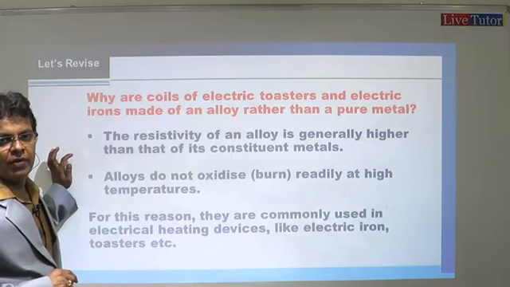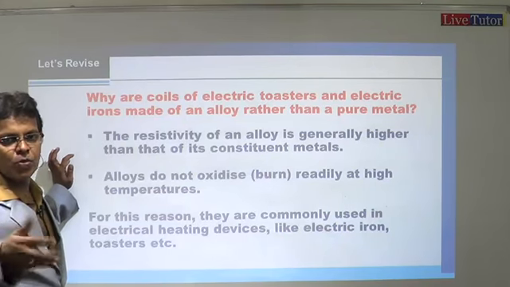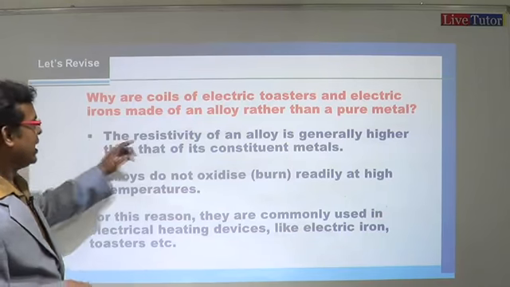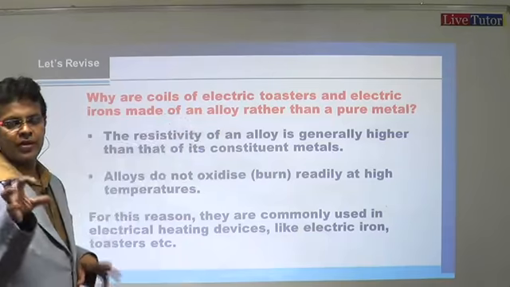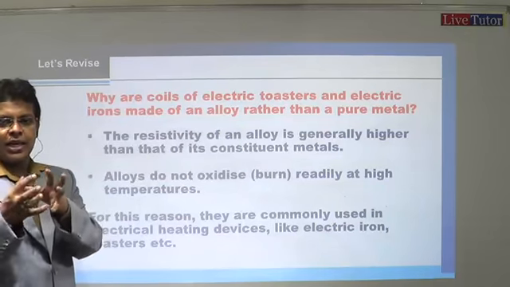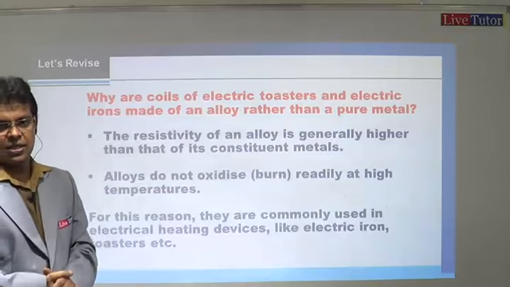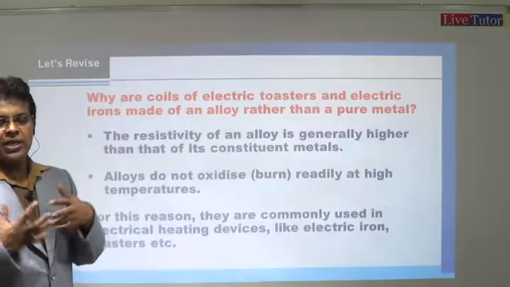Why? Because if more resistance is there, what will happen? They will produce more heat. That is why they are used in electric toasters or irons. If they are resisting the flow of current, the energy of the electrons will be converted into heat. They have to give out the energy; they cannot stay with more energy.